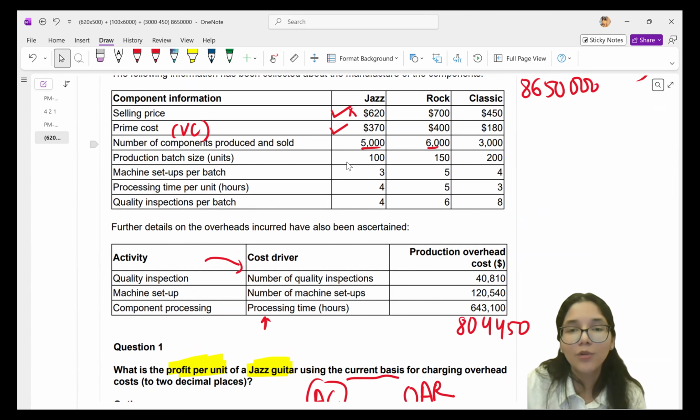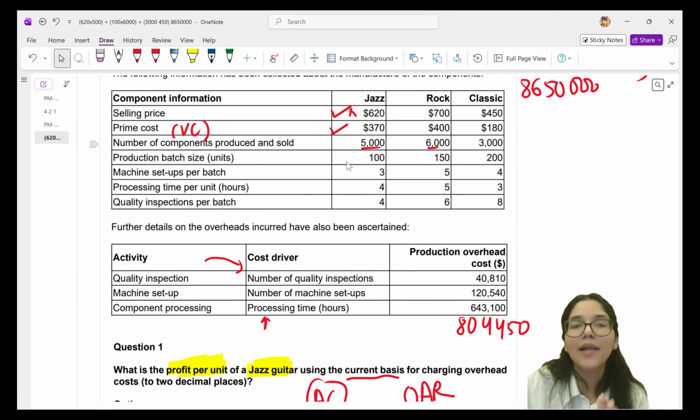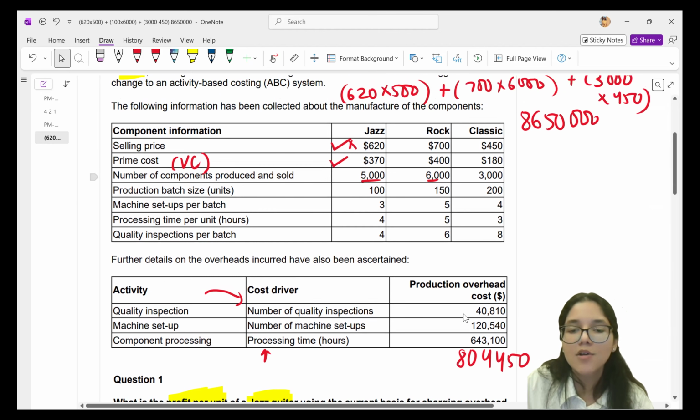So first you will need to know how many batches are prepared, and then you will have to multiply by the setups per batch. That will tell you the total setups for different products. Then you will take this total machine setup cost and divide that by the total number of machine setups. So again, take 2 minutes, solve and let me know.